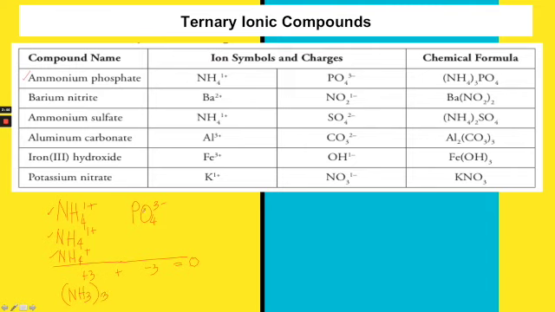And then we have only one of this, we just write PO4. All right, so this is our formula, (NH4)3PO4. We are not touching the subscript of the polyatomic ion, we're not going to change them because they are part of the structure of the polyatomic ion.